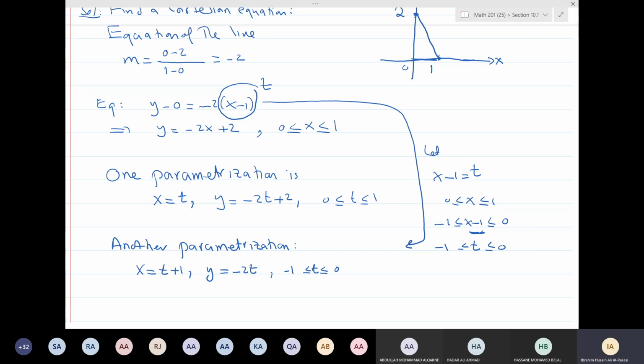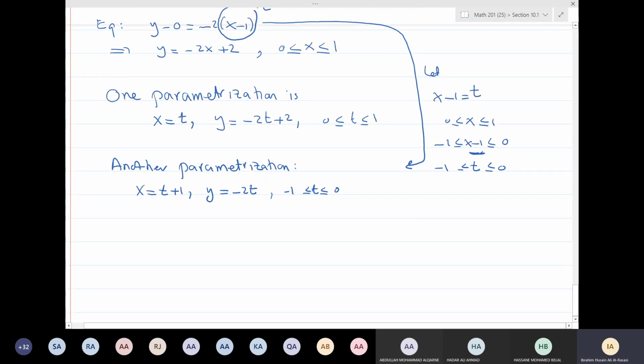A third parameterization. Now here in the first parameterization, I took x equals t. Can I take y equals t or not? Yes, you can take y equals t.